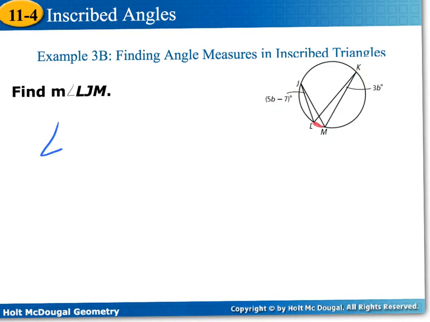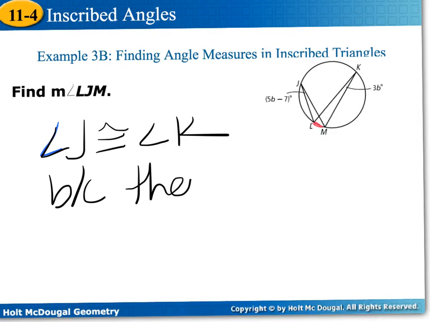So angle J is congruent to angle K because they intercept the same arc.